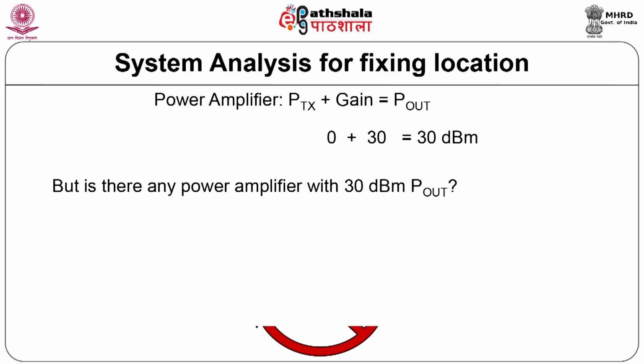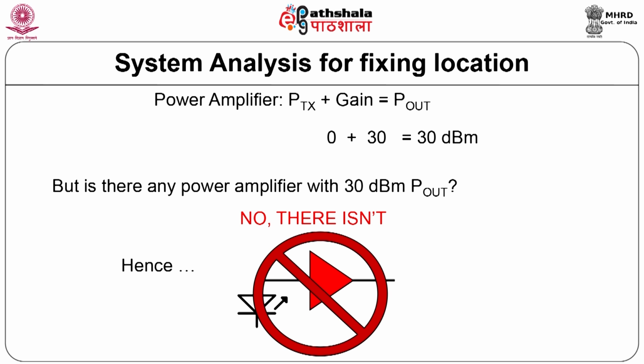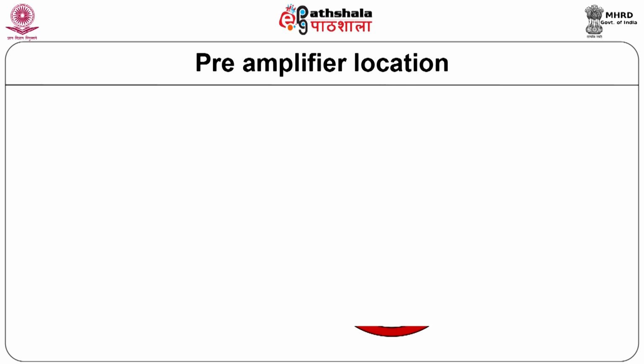But is there any power amplifier with 30 dBm P out? No, there isn't. Hence, the use of power amplifier is not there. Now, whether we can use pre-amplifier? Now, let us see where the pre-amplifier location is.